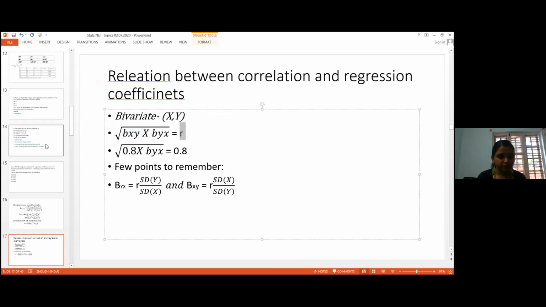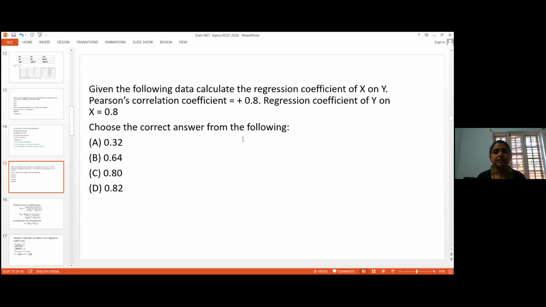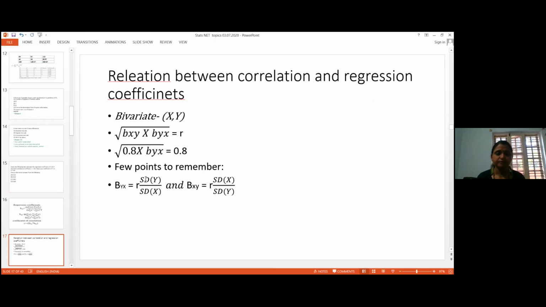So back to the question. One of the regression coefficients, y on x, is given. Correlation is also given. What is the other regression coefficient is the question. Isn't it very easy?